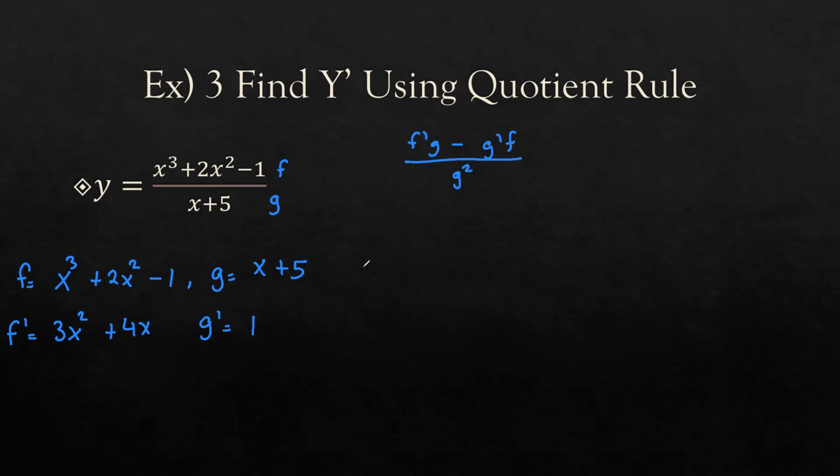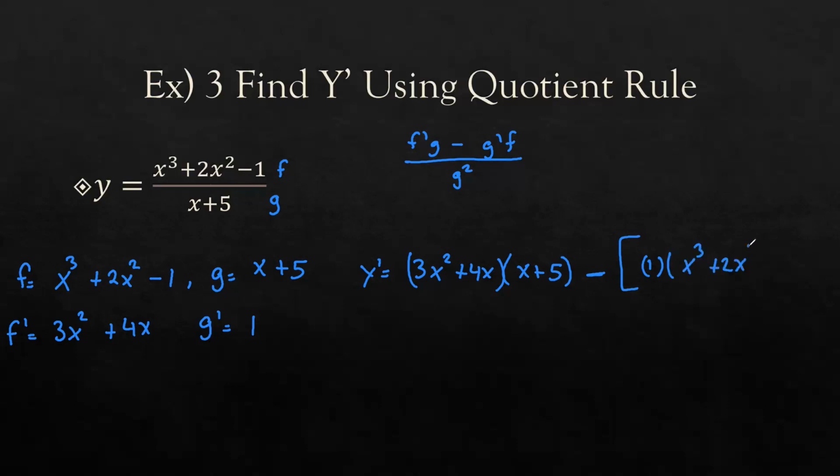So y prime is going to be f prime, which is 3x squared plus 4x, times g, which is x plus 5, minus bracket, g prime is 1 times regular f, which is x cubed plus 2x squared minus 1, all over g squared, so that would be x plus 5 squared.